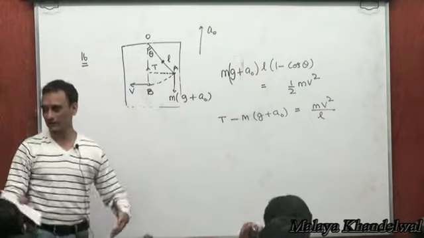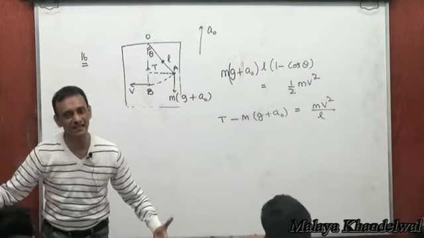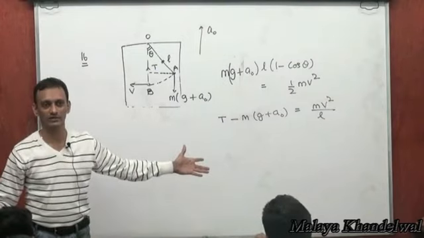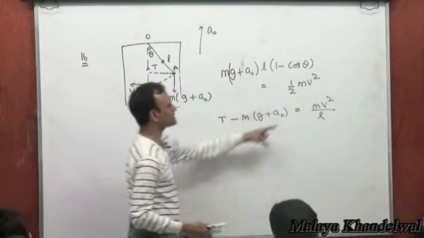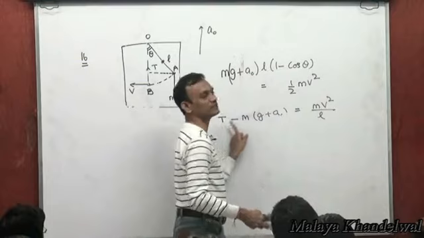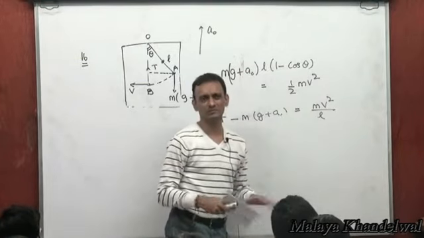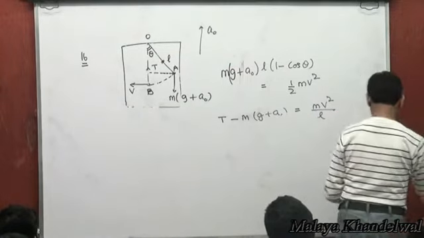It's like an existing problem in which g is revised to g prime, which is g plus a naught, right? This is all that you need. So mv squared by L can be obtained from here and plugged into this, and the tension can be obtained. Simple, right? Let's look at 17.